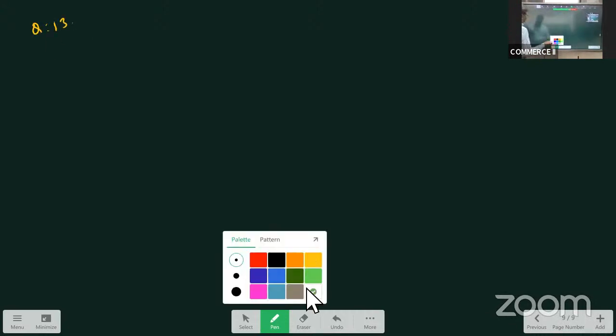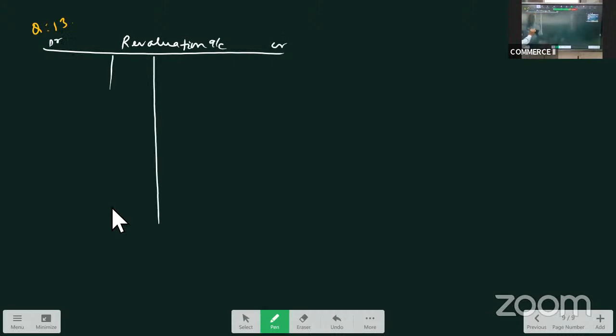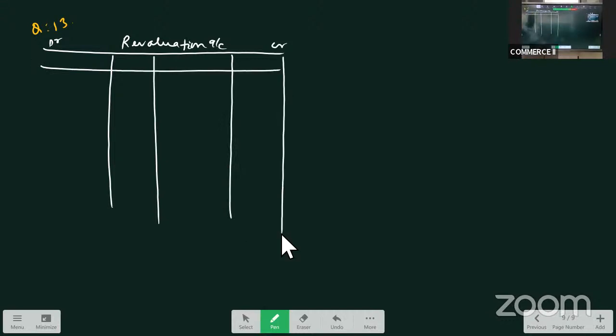So this is question number 13. I am preparing the revaluation account. Particulars amount, particulars amount.